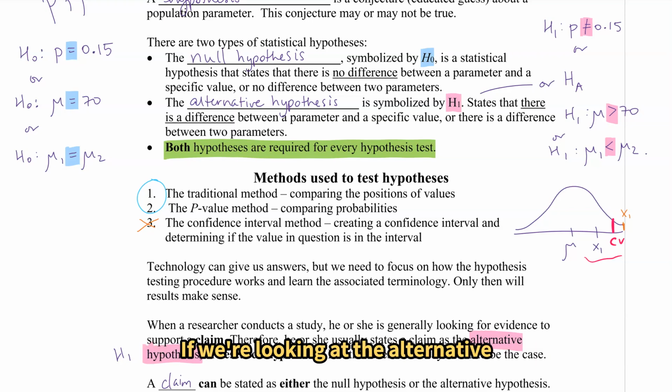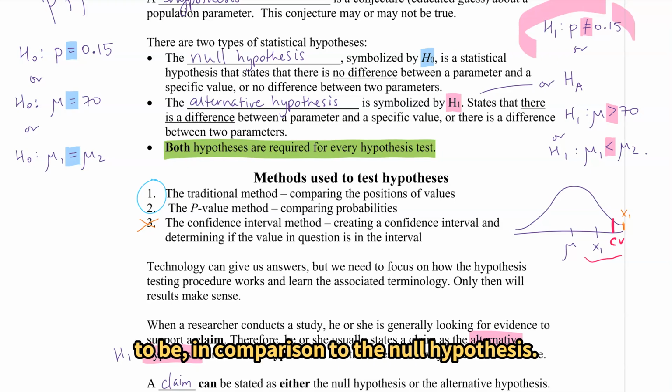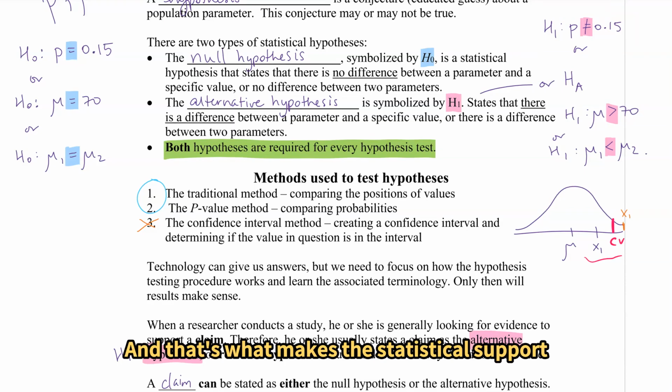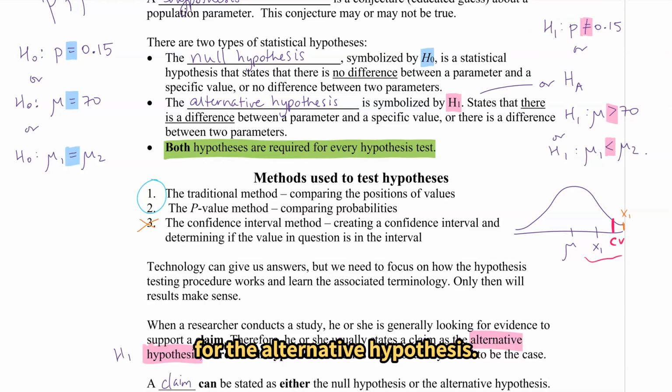If we're looking at the alternative that I just made up on the side, p is not equal to 0.15. We have so many more possibilities for the alternative hypothesis in comparison to the null hypothesis. And that's what makes the statistical support for the alternative hypothesis.